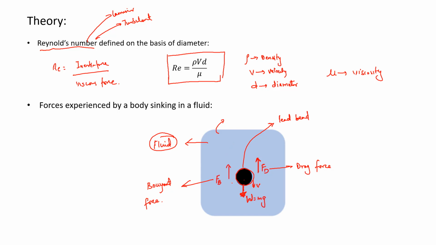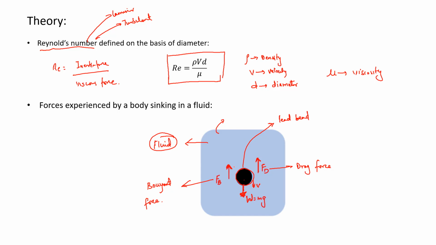This is acting downwards. Now, we had seen in the last class, whenever you immerse a body into a fluid, that fluid exerts an opposing force on the body called the buoyant force, which is simply the weight of the volume of the fluid that is replaced by this body. This will act in the upward direction.